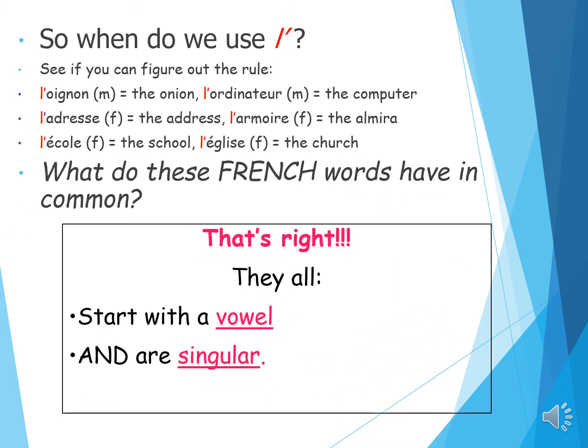That's right. They all start with a vowel and they are singular. Oignon, adresse, école, they all start with a vowel and they all are singular. So when you have a noun which starts with a vowel, no matter if it's feminine or masculine, we will use l' in front of that noun.